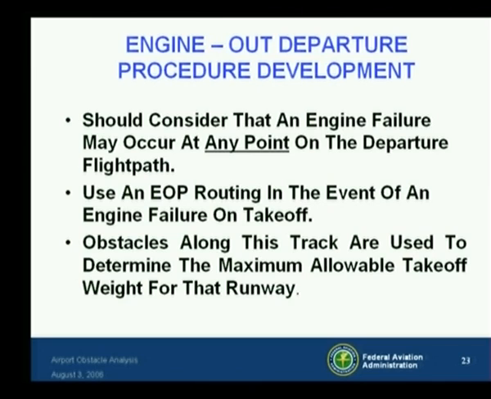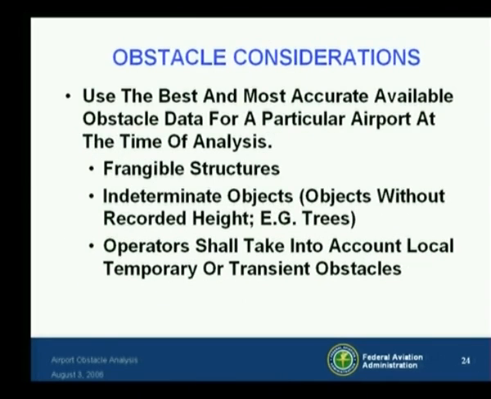Second, the most common procedure to maximize takeoff weight when significant obstacles are present along normal departure routing is to use an engine-out procedure routing in the event of an engine failure on takeoff. Obstacles along this track are used to determine the maximum allowable takeoff weight for that runway. The most important consideration for an operator developing these procedures is the determination of obstacles.